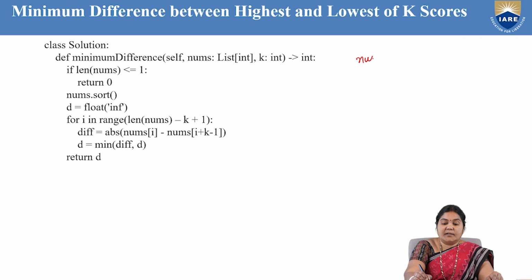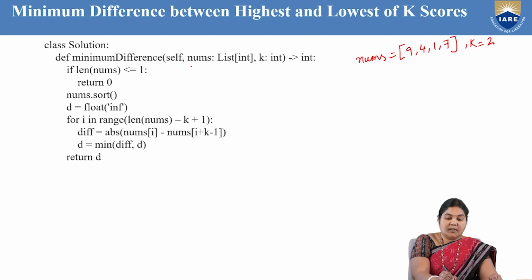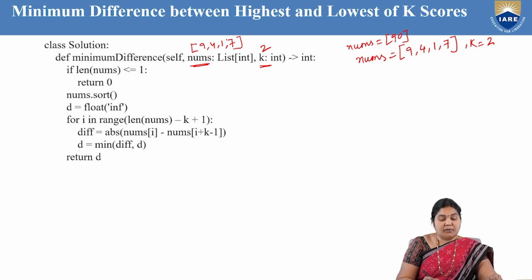So let us write down our nums, originally given as 9, 4, 1, 7, and k value equal to 2. So how to solve this question? Now, if any array is given of length 1, like in the first test case where it is given 90, which is only one student score.